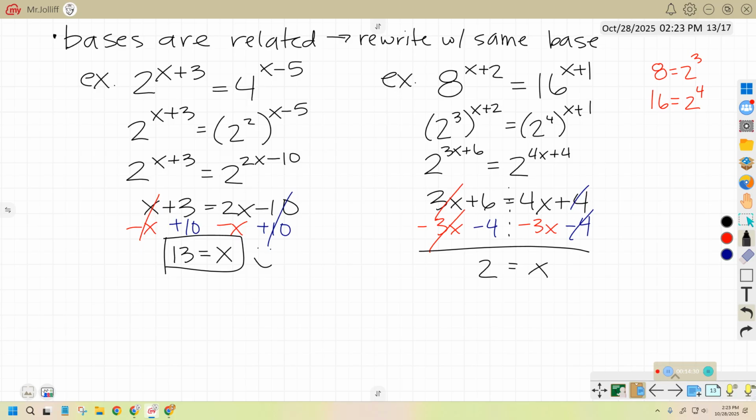Very good. Perfect. You should check. I happen to set up the problem, so I know that they work. And when you're doing Delta Math it will check for you. Good.